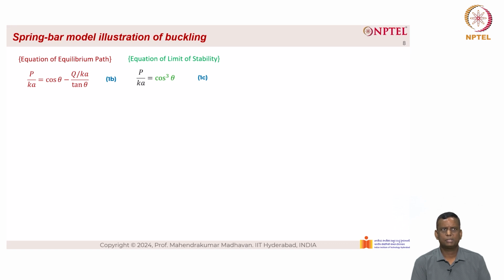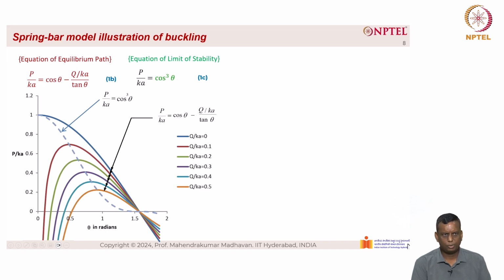So we have two equations: the equation of equilibrium path on the left side and the simplified equation of limit state of stability on the right side. When we plot the graph with respect to p by ka and theta, we get the following curves. When we plot p by ka equal to cos theta minus q by ka divided by tan theta, we get a series of curves which are called equilibrium paths.